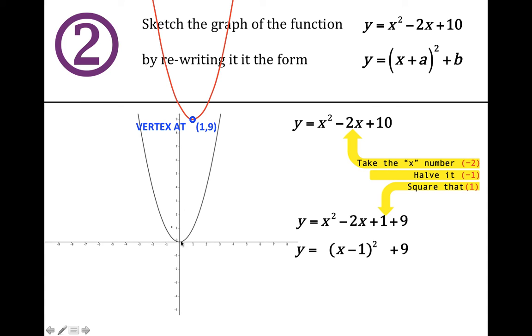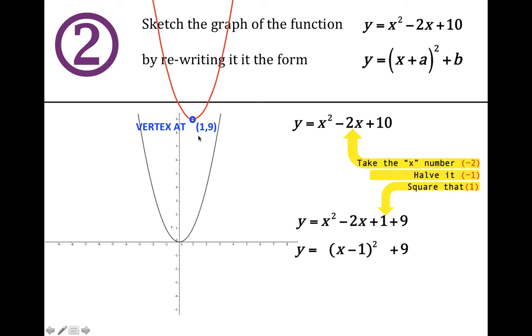So the original vertex was at 0, 0, and then once transformed, it has a vertex at 1, 9 because of the shift of 1 unit to the right and 9 units upwards. So the graph of the function y equals x squared minus 2x plus 10, we can figure out by rewriting it, looks like this with the vertex at 1, 9.